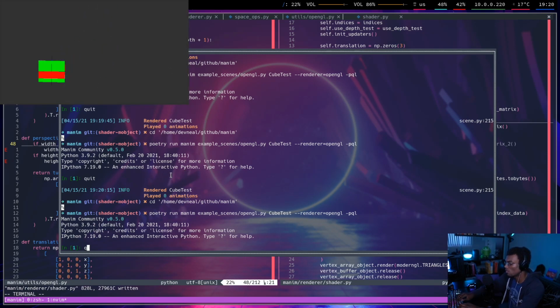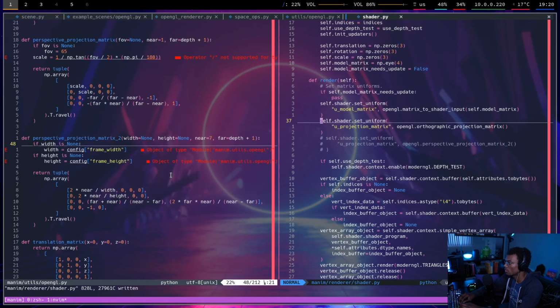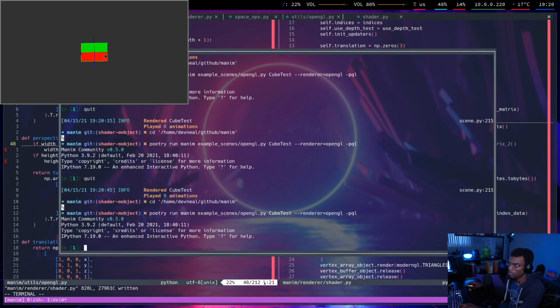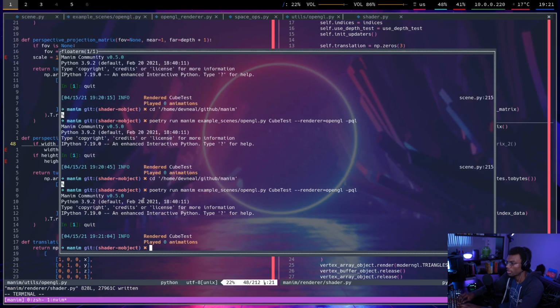Hmm. I don't know if I'm going crazy. This projection looks a lot nicer now. Oh, but it doesn't have zooming. Why did that stop working?